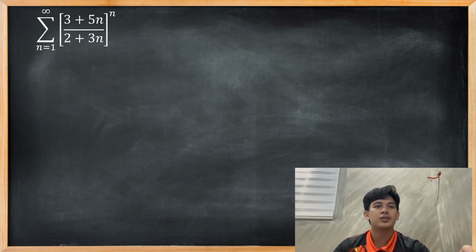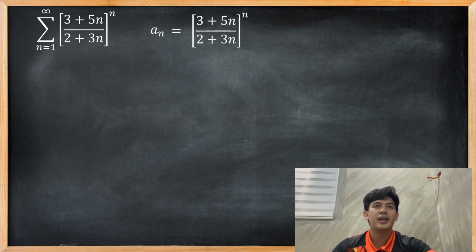In example number 2, we have a problem of the summation of the quantity (3 plus 5n) over (2 plus 3n) raised to n. The next step is to identify our a sub n. Our a sub n is equal to (3 plus 5n) over (2 plus 3n) raised to n.